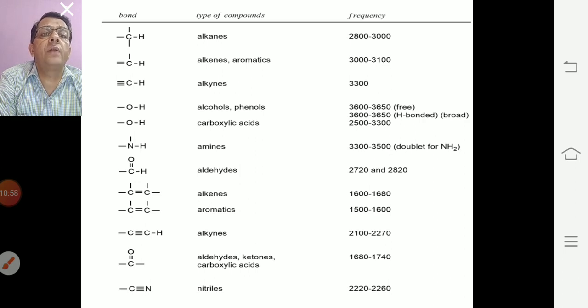C double bond C in aromatics is recorded at 1500 to 1600, and C triple bond C in alkynes is recorded at 2100 to 2270. But in the case of aldehyde, ketone, and carboxylic acid, the C double bond O is recorded at 1680 to 1740, and C triple bond N in the case of nitriles is recorded in the region of 2220 to 2260.